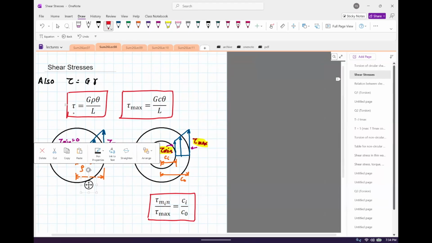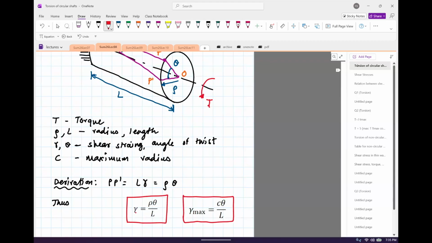But in the calculation we have the torque and shear stress, and they don't really have a length involved in it. Which is very interesting. The length doesn't determine how much shear stress an element will bear. It's only dependent on the radius. Now, if you want shear strain, then yes, it will depend on the length. It's a very good observation.